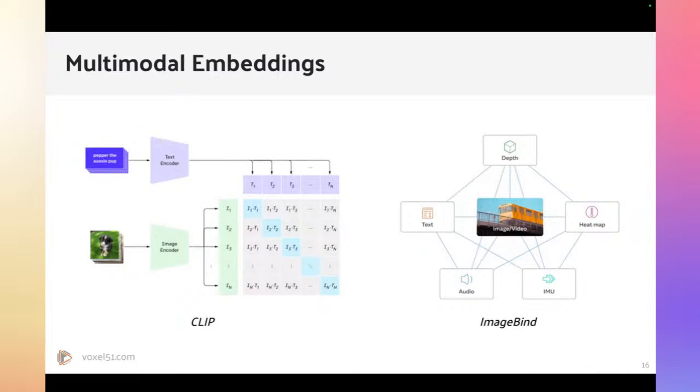And embeddings can also be multimodal. So there are multiple models that are very hot these days, which allow you to compare and contrast multiple types of data. In this case, on the left-hand side, we've got CLIP, which is the one we'll be talking about today. You have image data that goes into an image encoder and text data that goes into a text encoder.